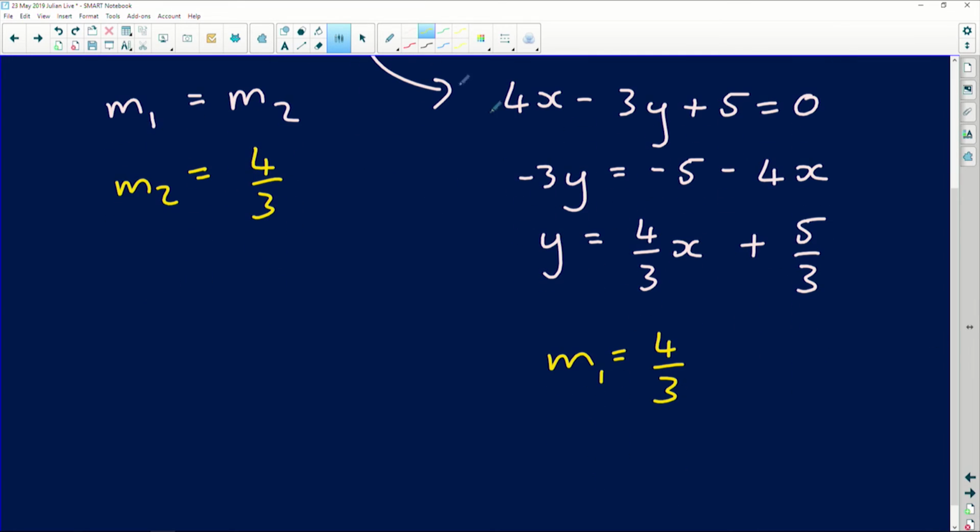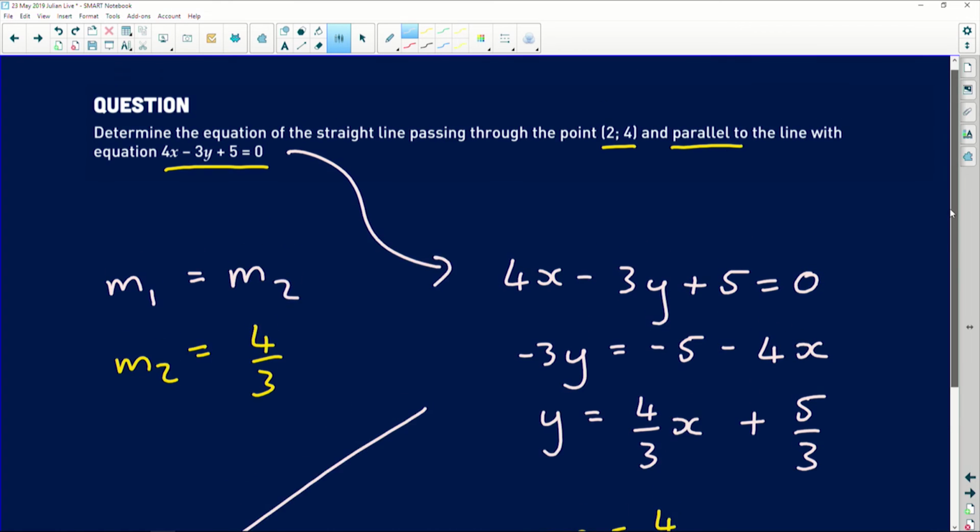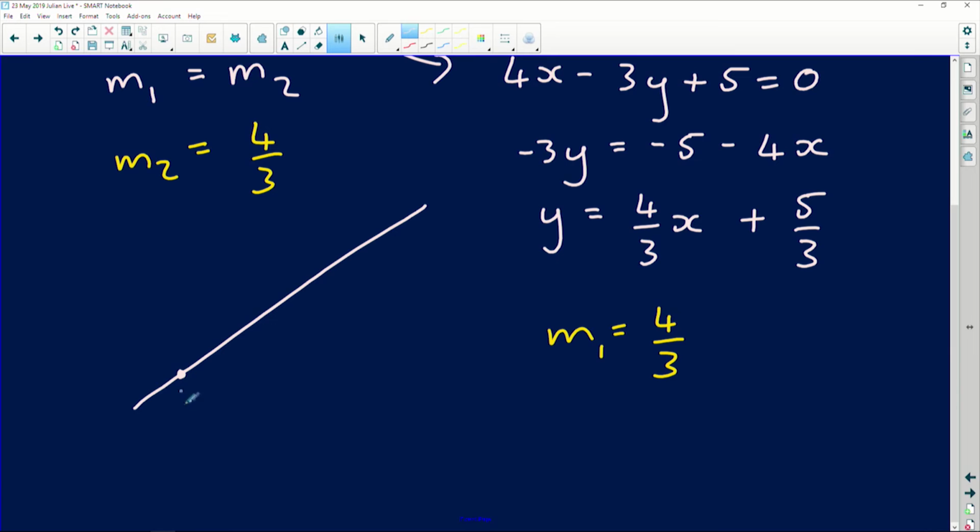So what I've just said over here is I've got some line and I've got some point which was given to me as (2, 4). And I'm then going to have some other point (x, y). And I know that the gradient between these two points must be 4 over 3.